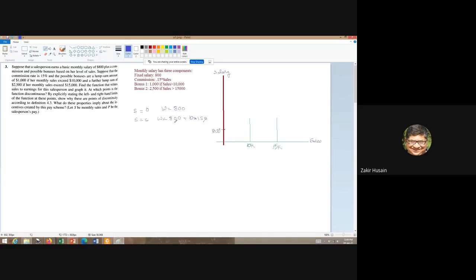So that means this is the intercept and this is the slope of the line.